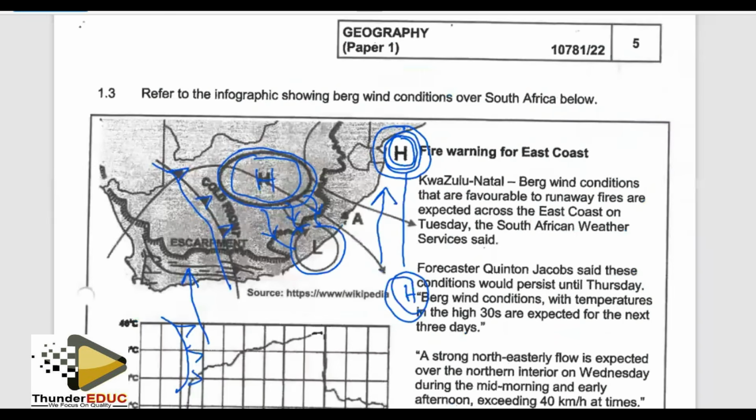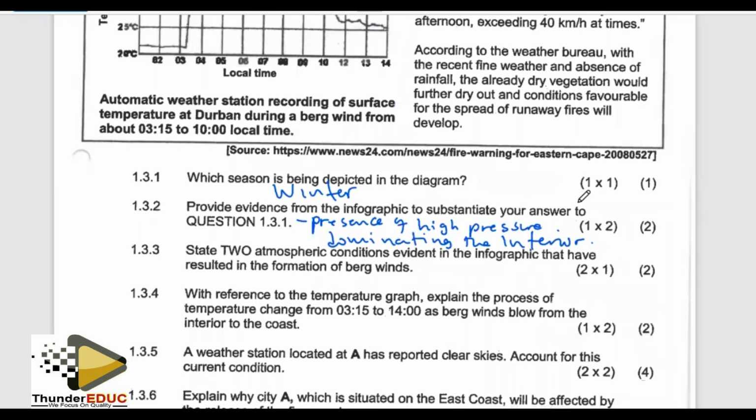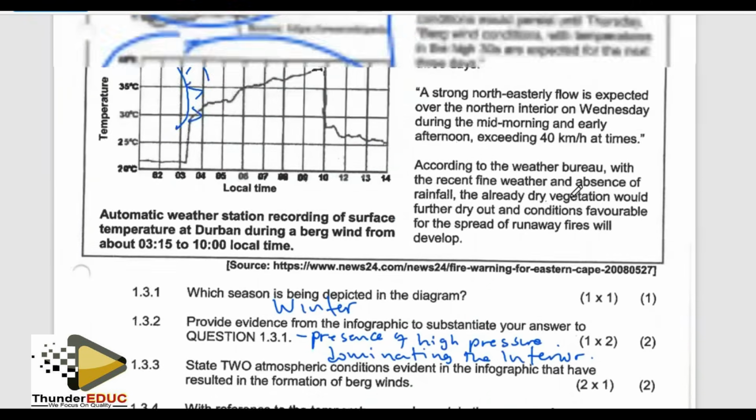Let us proceed. Question 1.3.3 says, state two atmospheric conditions evident in the infographic that have resulted in the formation of berg winds. I think we saw this in the previous question. They're asking what conditions result in the formation of berg winds.